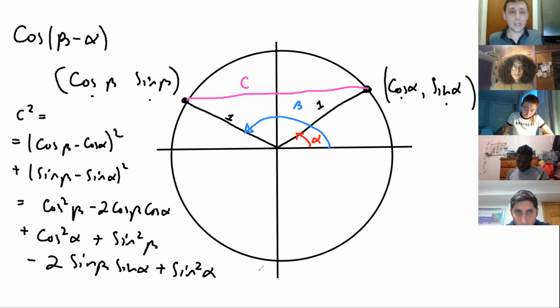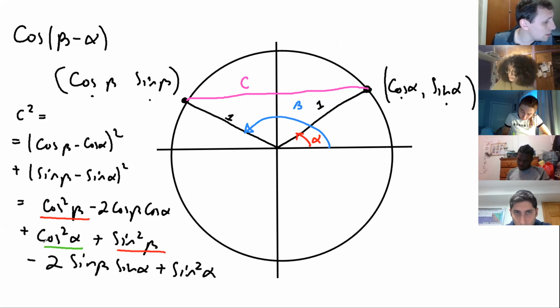Good. And now we can simplify that formula, guys. You see how we simplify it? We have this identity, cosine squared plus sine squared of the same angle, they reduce to 1. And this part, cosine squared alpha plus sine squared alpha, also reduces to 1. And we have the following situation here.